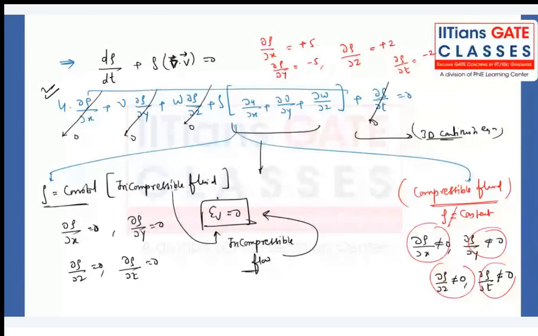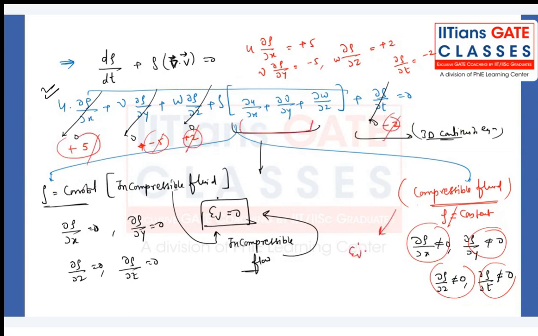So this term is plus 5, this term is minus 5, this term is minus 2, and this term is plus 2. Plus 5 and minus 5 cancel out, plus 2 and minus 2 cancel out. Again you are left with this equation, so once again the volumetric strain rate is 0.